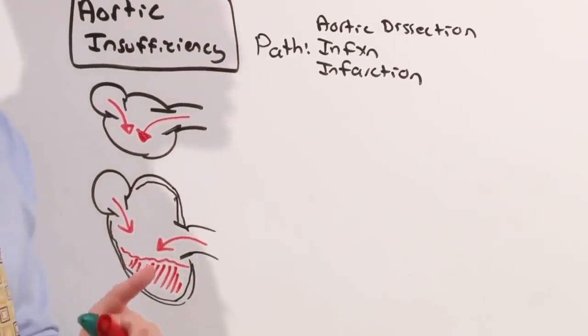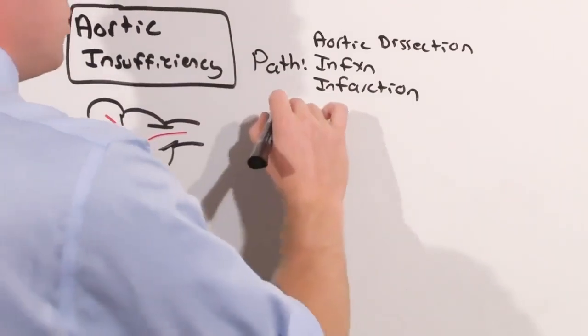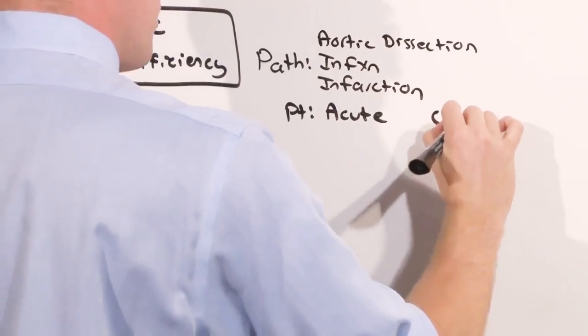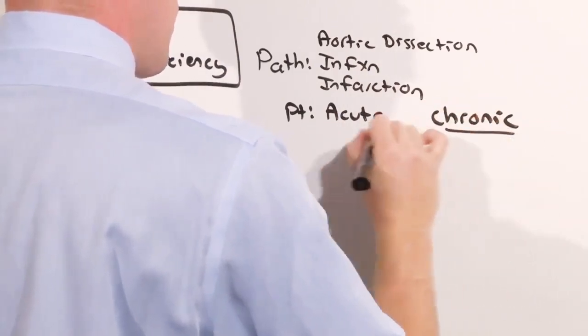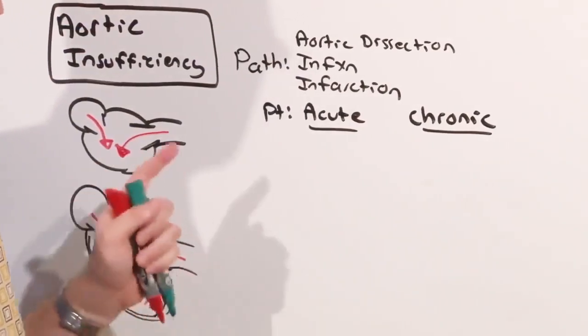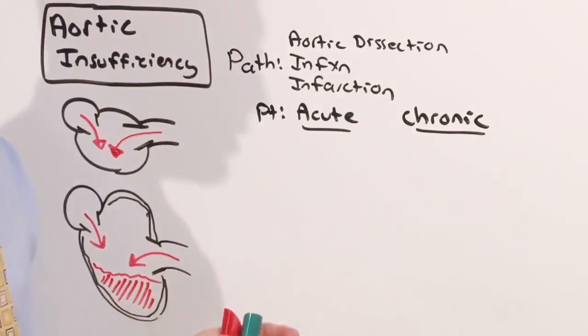The patient presentation is going to either be acute or chronic. Valvular rupture sounds like a bad thing, and it is. If you don't have a valve, blood just goes in any direction.